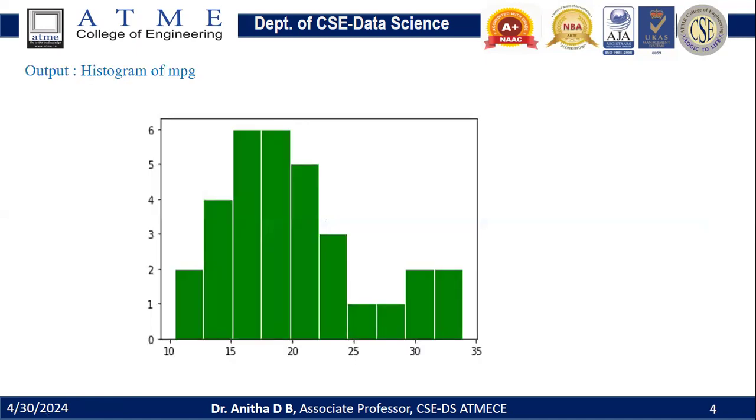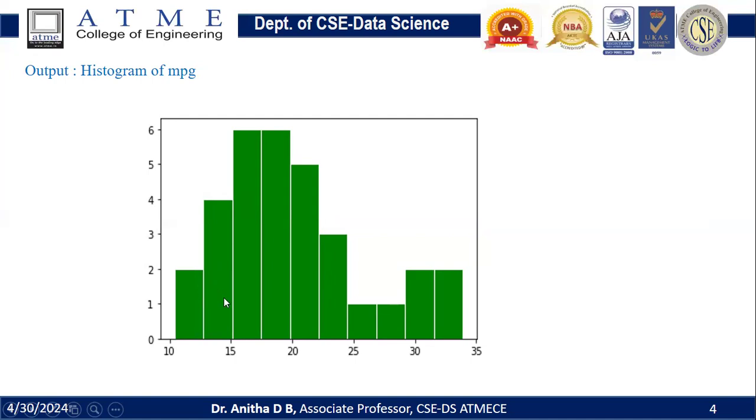So if we execute the code, we will get the graph like this. Now from the graph, we can observe that in between two ranges of values, there is a white strip and the entire histogram is in green color. Then bins is equal to 10.